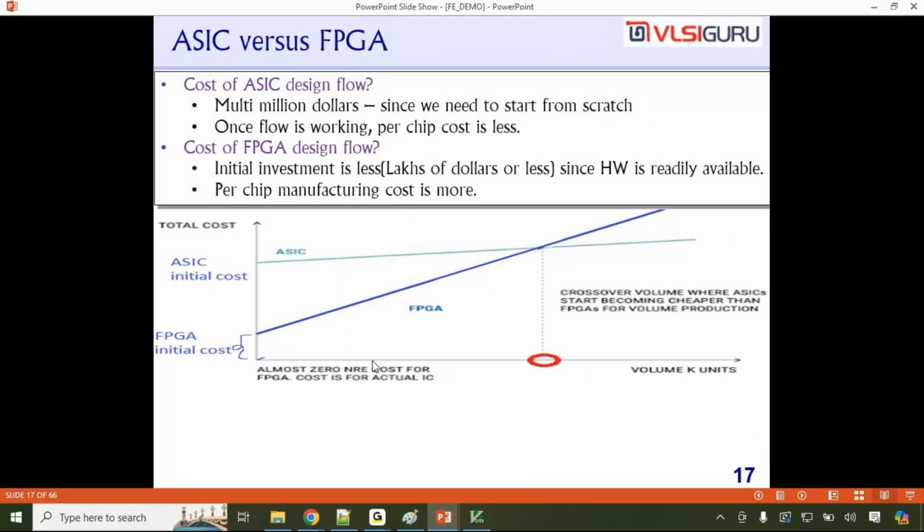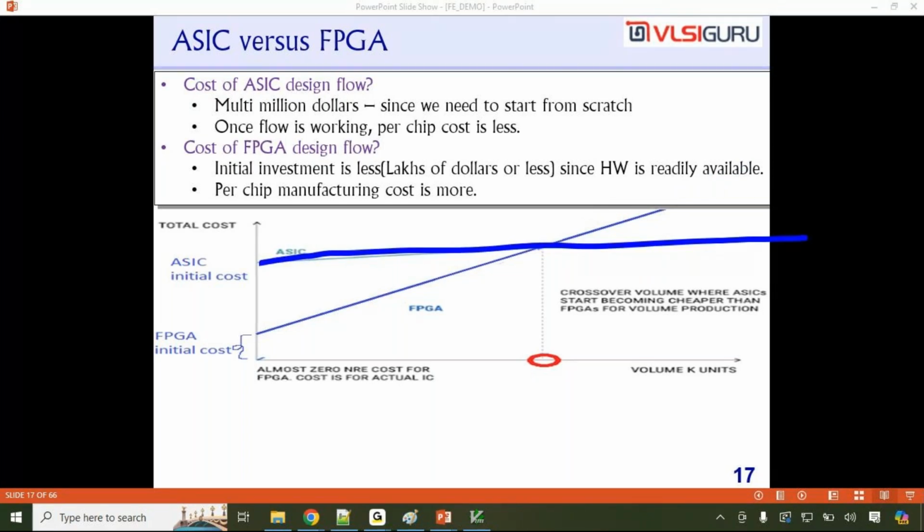In this case, you can see the y-axis. What is the initial cost of FPGA? It is lesser. What is the cost of ASIC? Much higher, right? But you can see the slope. FPGA is slanted. Slanted means what? It increases significantly as you start manufacturing more chips. Your cost will go up drastically. Whereas you see ASIC is more flat.